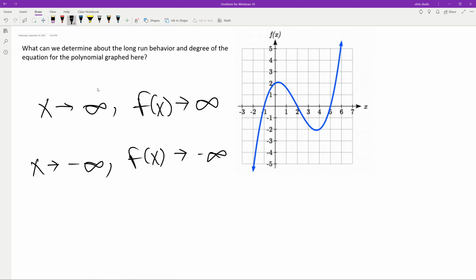So I've talked about the long-run behavior. As far as the degree goes, I can say that this has the shape of an odd degree power function. Because this has the shape of an odd degree power function, that means that the degree of the polynomial creating this graph has to be odd.